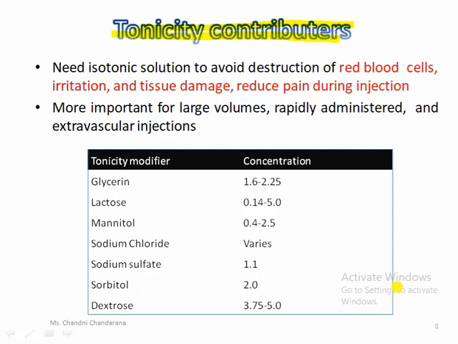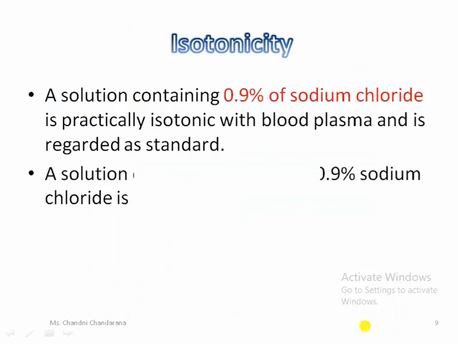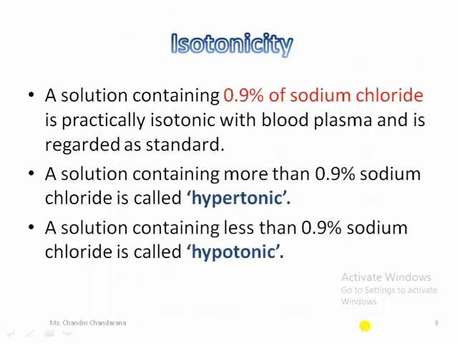Before understanding this, we have to understand what isotonicity is. First we will see what isotonicity is and what the types of solution are. A solution containing 0.9% sodium chloride is practically isotonic.